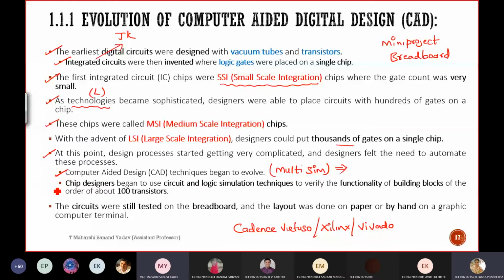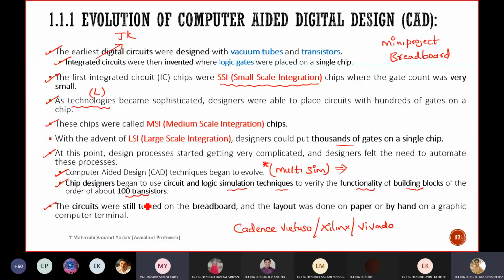Chip designers began to use circuit and logic simulation techniques to verify the functionality of building blocks of about 100 transistors. Simply by using some tool, you are verifying whether your circuit is working fine or not. Next. The circuits were still tested on a breadboard, and the layout was done on paper or by hand on a graphic computer terminal.